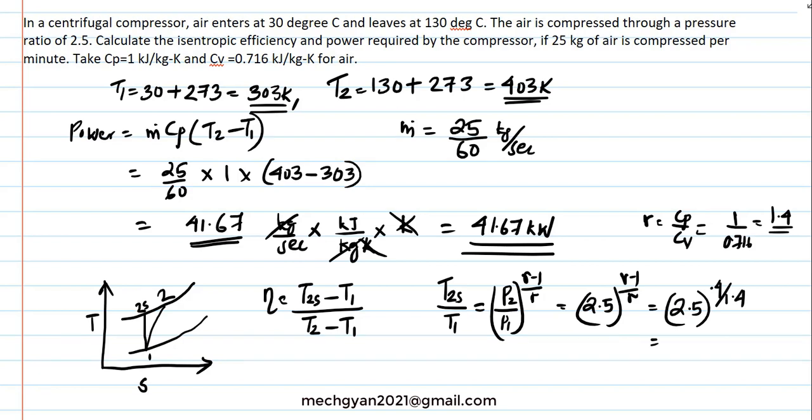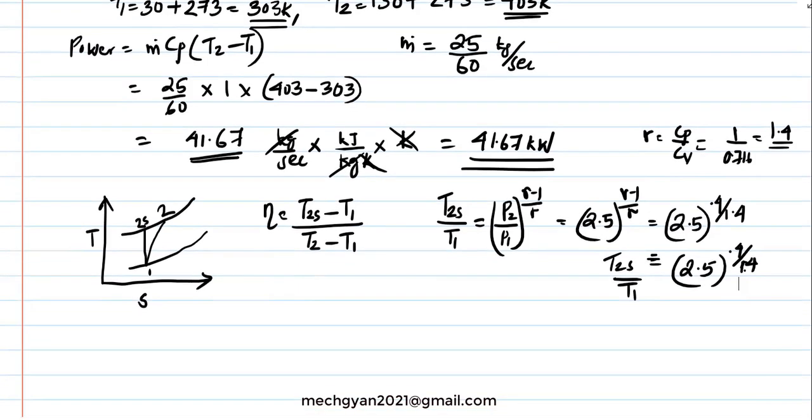So we get T2s by T1 equal to 2.5 whole raised to 0.4 by 1.4, or T2s is 393.67 Kelvin.